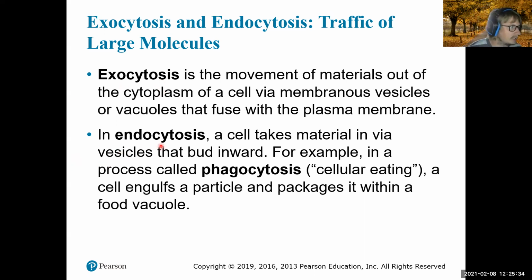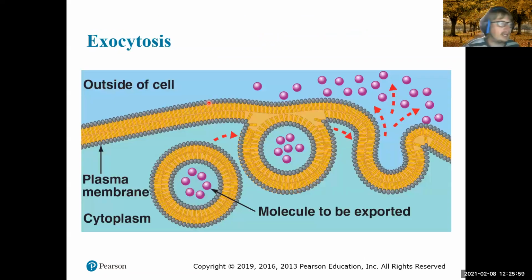For endocytosis, so endo, in, that's bringing molecules inward. Exocytosis, so exo, out, that's pushing molecules out of the cell itself. And again, it does this by the plasma membrane invaginating around those molecules and either bringing them in or pushing them out.